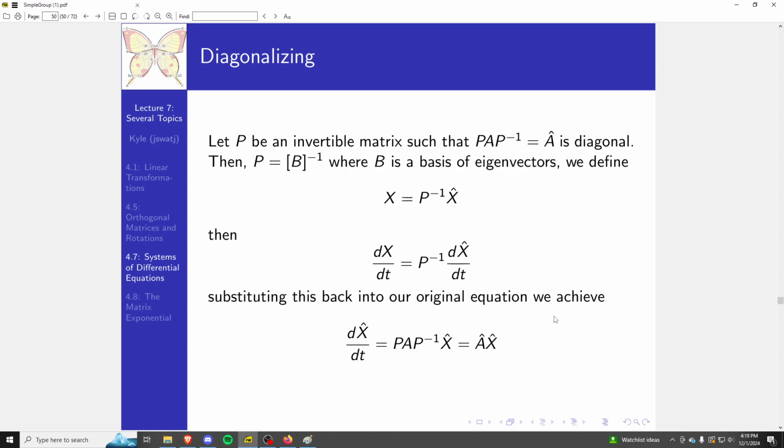So if we let P be an invertible matrix such that PAP inverse is diagonal, then P equal to the basis of eigenvectors inverse, we define this new matrix here. No, this is this column vector, which is P inverse times X hat.